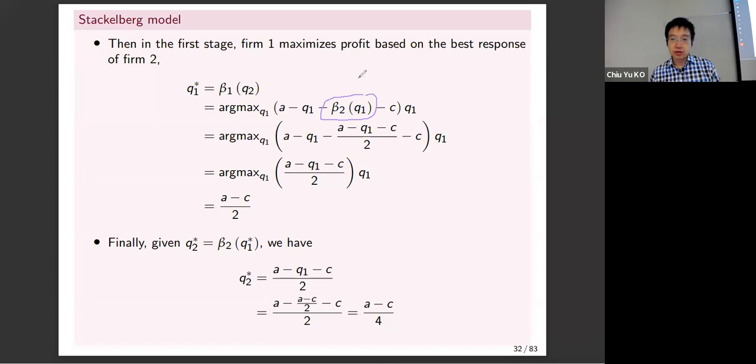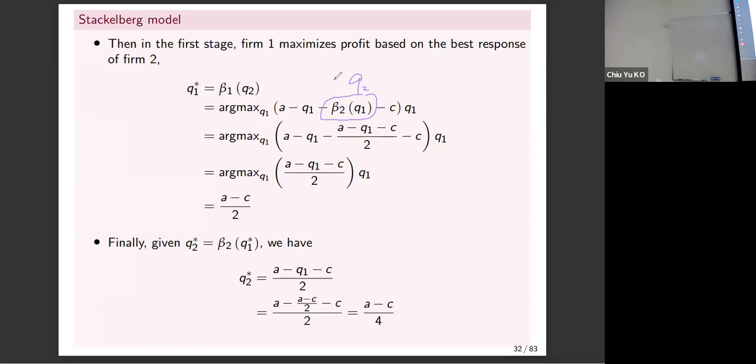So you replace Q2 in his payoff by Q2's best choice. Because player 1 knows, if I choose this, he will choose that. So basically it's one-to-one. Basically firm 1 is looking at Q2: I know you would do this if I do that, so I would do accordingly and optimize, okay? So you can solve this as the outcome, okay?